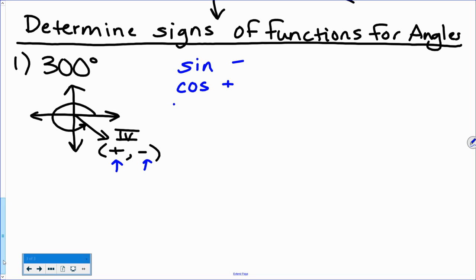Then we'll ask you about tangent. Tangent uses both the x and the y. So since one's positive and one's negative, that would make tangent negative. They're reciprocals, so cosecant would also be negative since sine is negative. Secant would be positive since cosine is positive. And cotangent would be negative since tangent is negative.